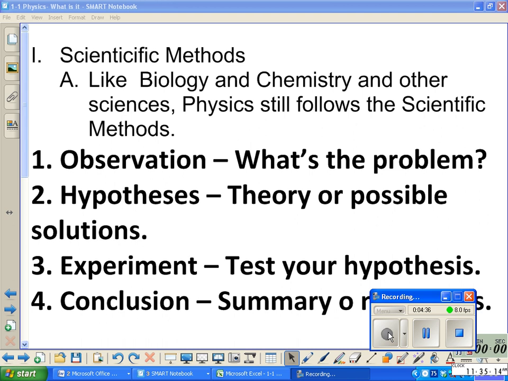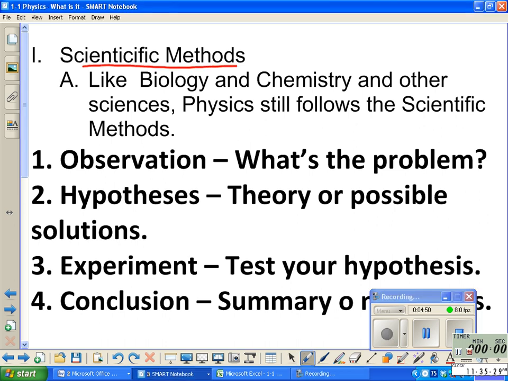Now, like the other sciences, chemistry or biology, when you get ready to do research, physics does the same thing, meaning that it's also going to use the scientific method of research.